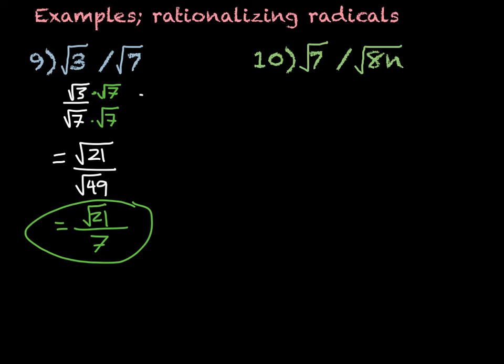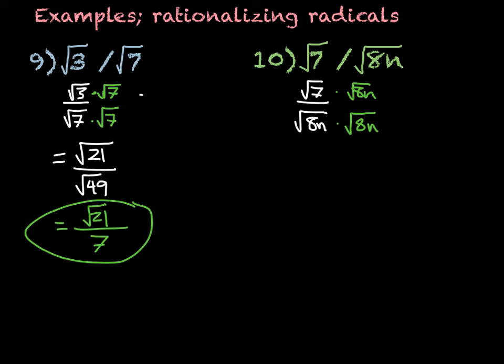Now the next one, we have the square root of 7 over the square root of 8n. So we're going to rationalize the denominator by multiplying by the square root of 8n, because that is in my denominator, and do it to both the numerator and the denominator.